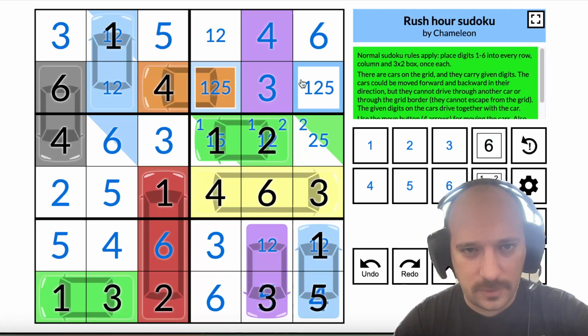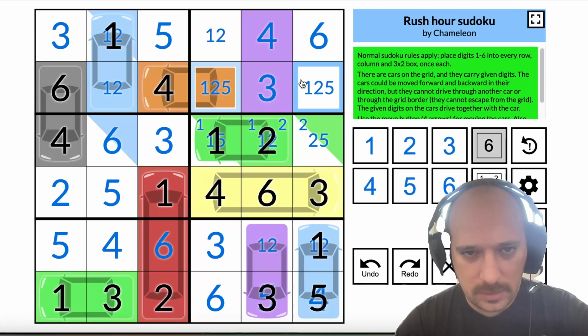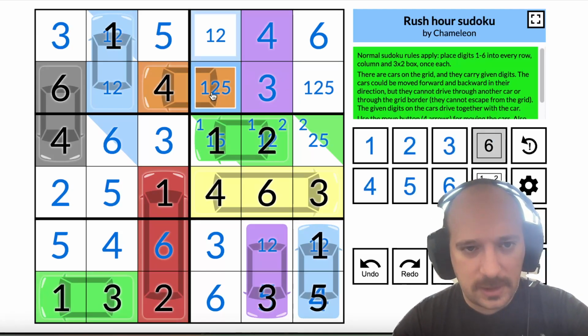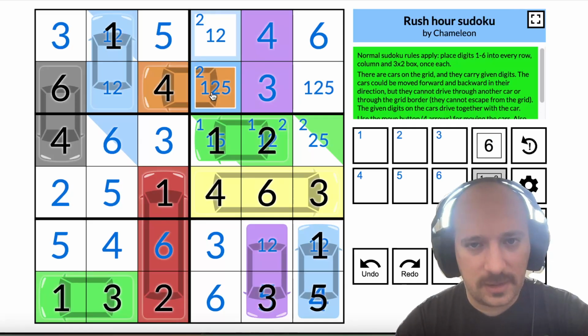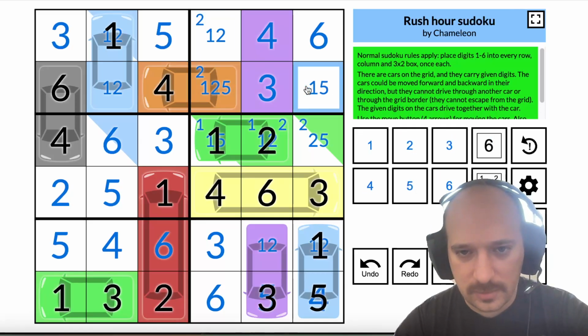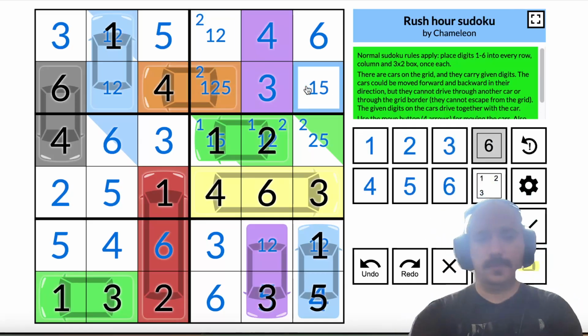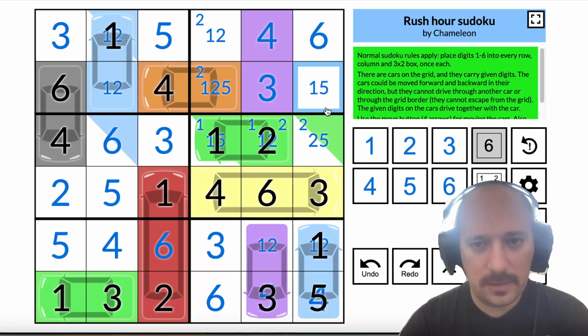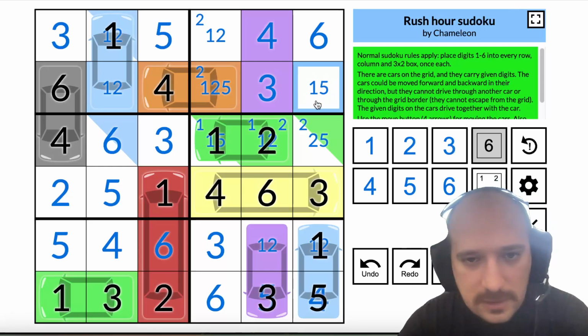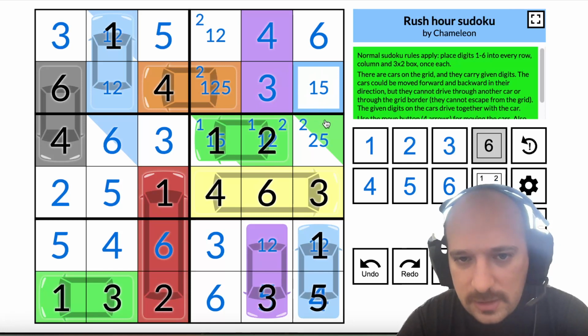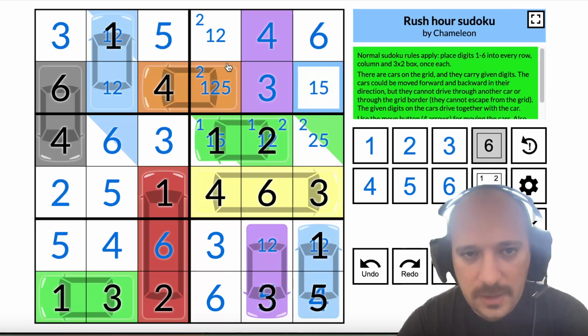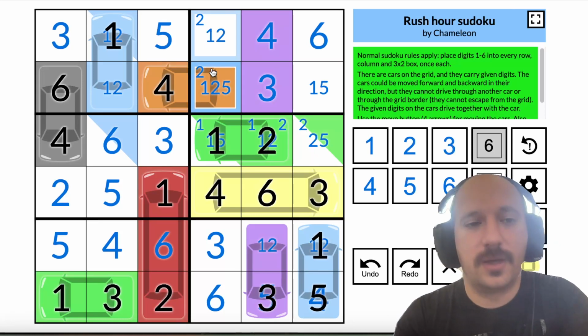I don't think I could do more. Well, I can say that one of these is a 2, so that's not a 2, right? Now, let's think again. How did I exclude the 2 from here? Yeah, because the 2 is in the column.